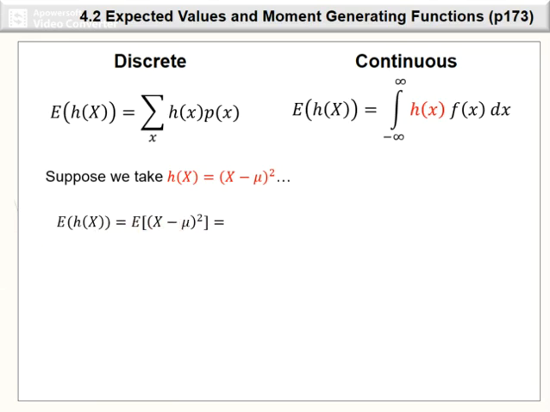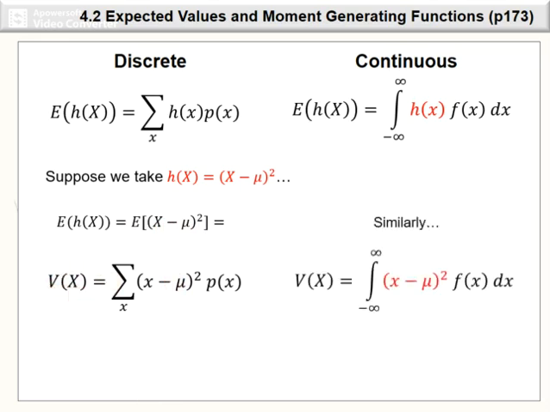If you remember, in the discrete case, when you substitute (x minus mu) squared in place of the h(x) function, you end up with the variance of x. Similarly, when you do the same substitution in the continuous case, you also end up with this variance.